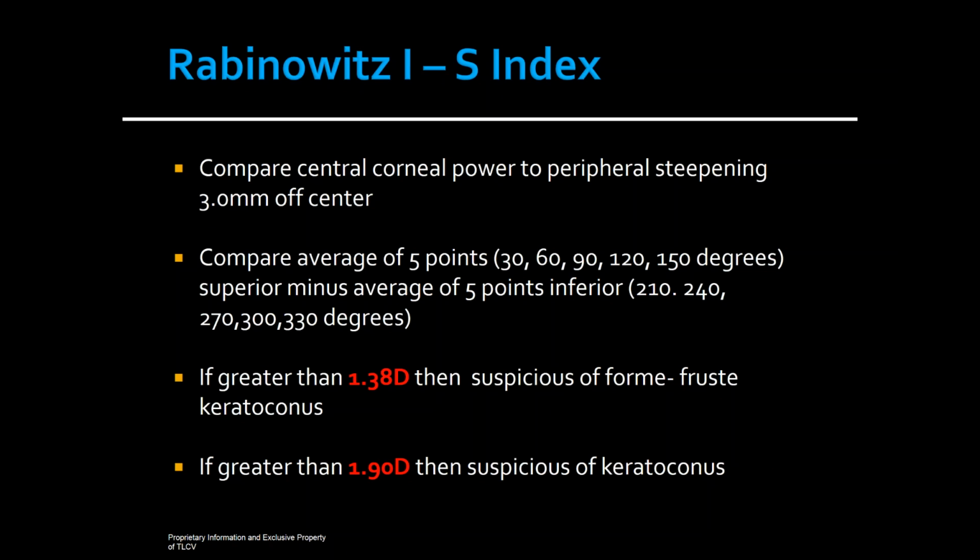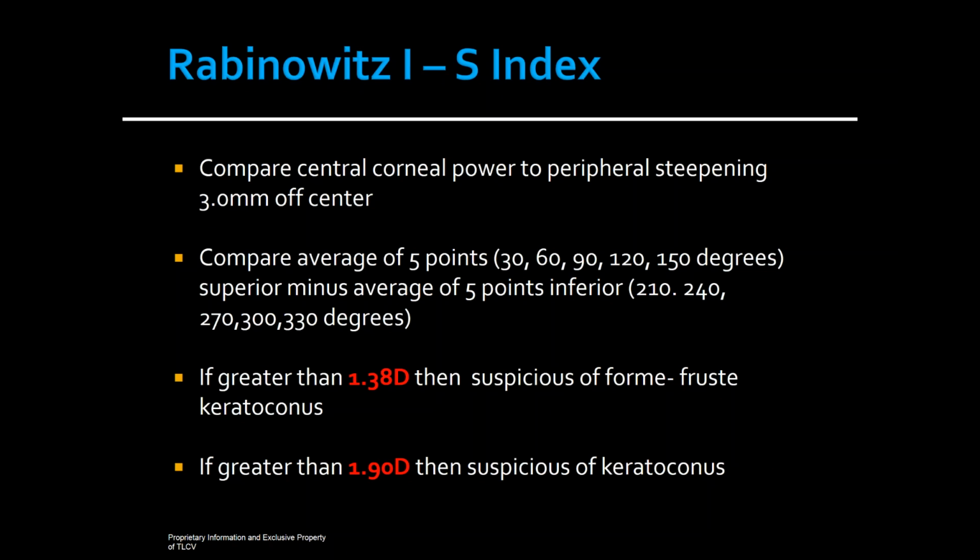In most normal eyes, there will not be much difference. But as patients develop keratoconus, that comparison of the superior to the inferior part will be different. And Rabinowitz developed a classification called the IS, or Inferior-Superior Index, which basically compares the superior cornea to the inferior cornea at points 3 millimeters off center.